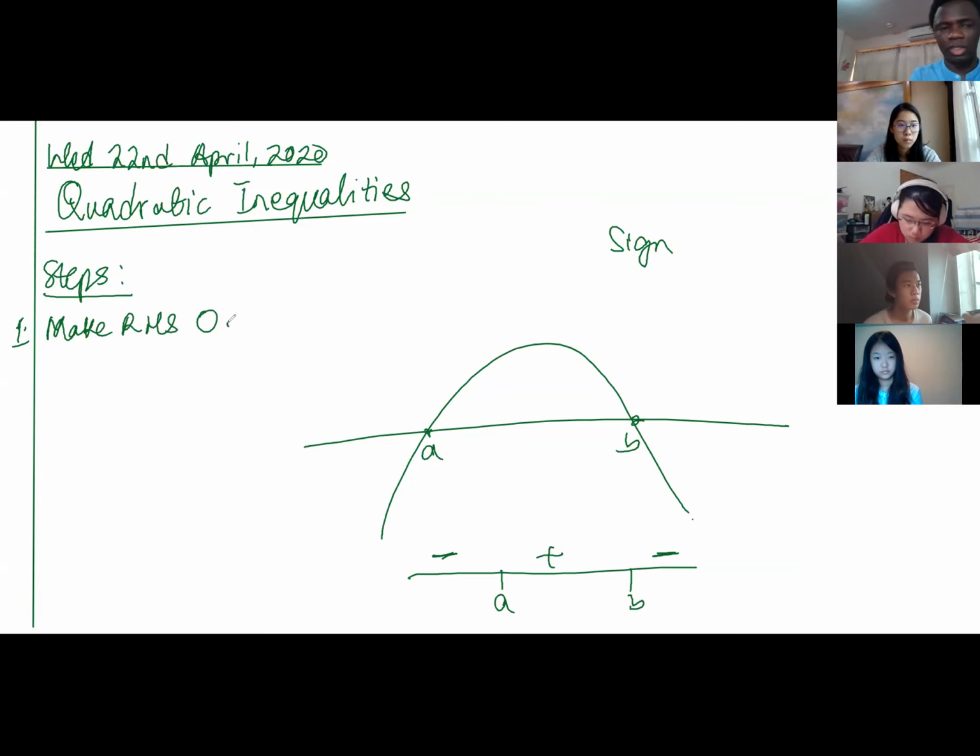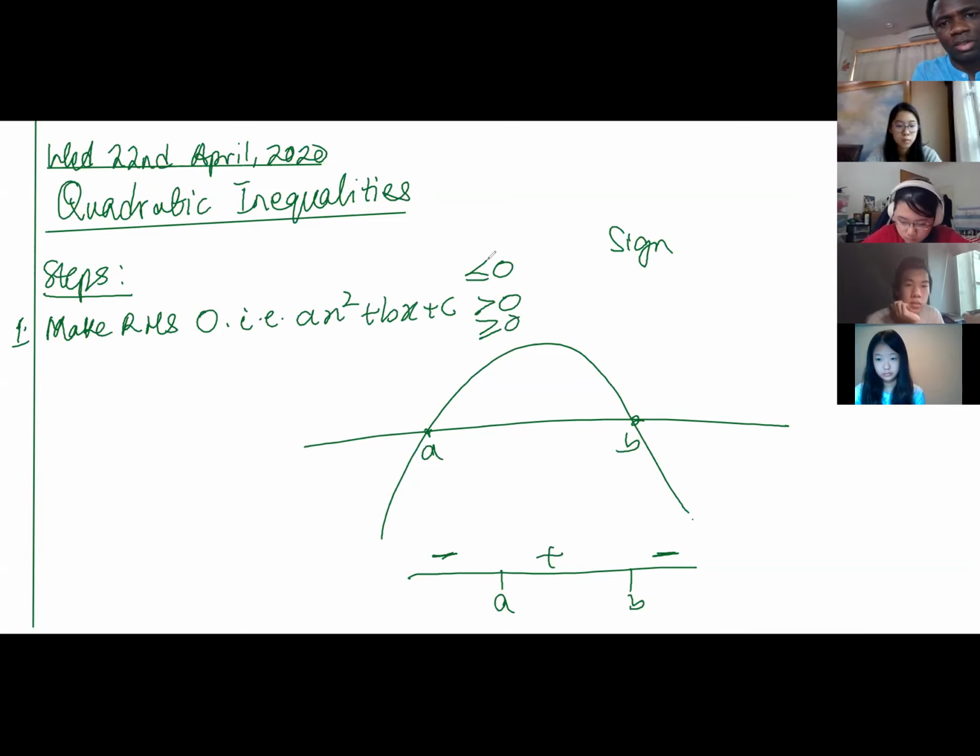Everything should be on the left. That is, make sure you have ax squared plus bx plus c greater than 0, greater than or equal to 0, less than or equal to 0, or less than 0. Make sure you have something like this. Step 2: factorize the left-hand side fully.